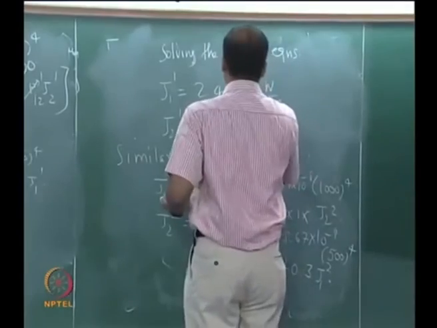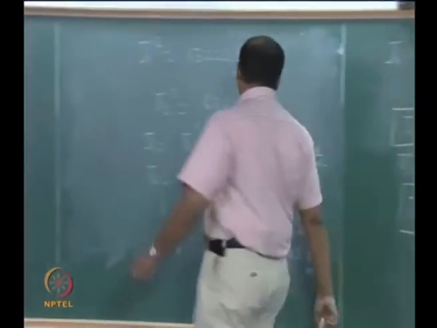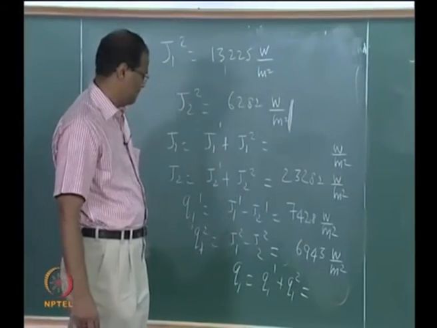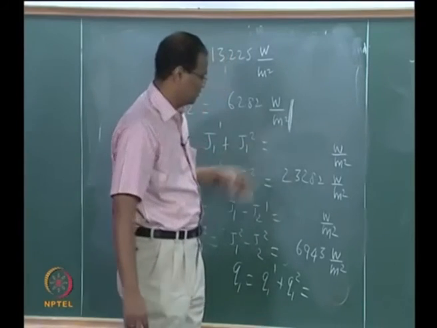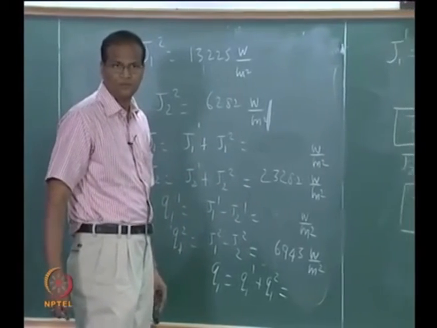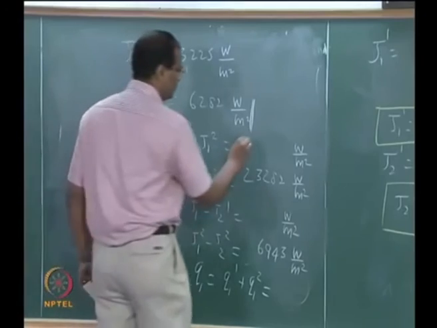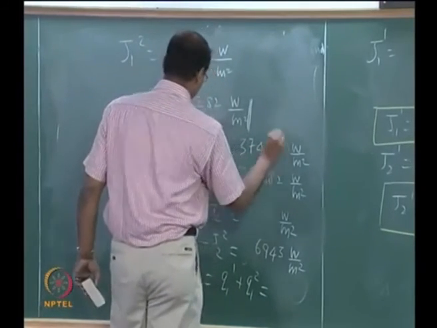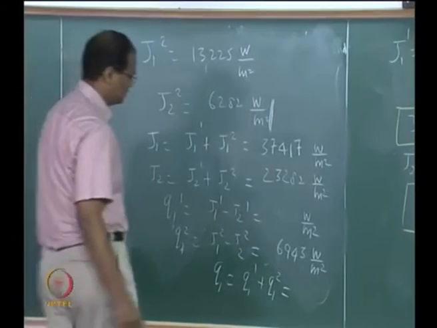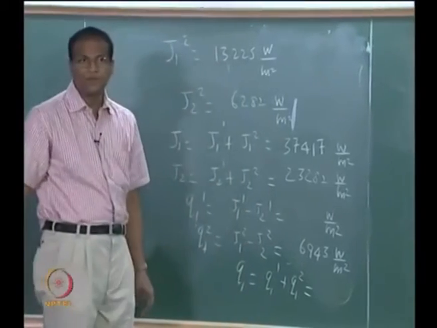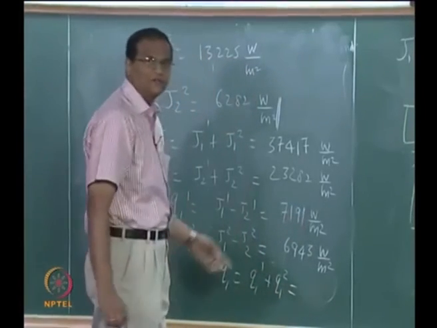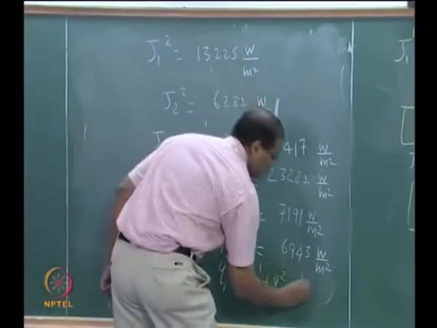Yeah, so what all will change? Then Q1 is 7191. The total is now 15,000. How much is it? 14,000.